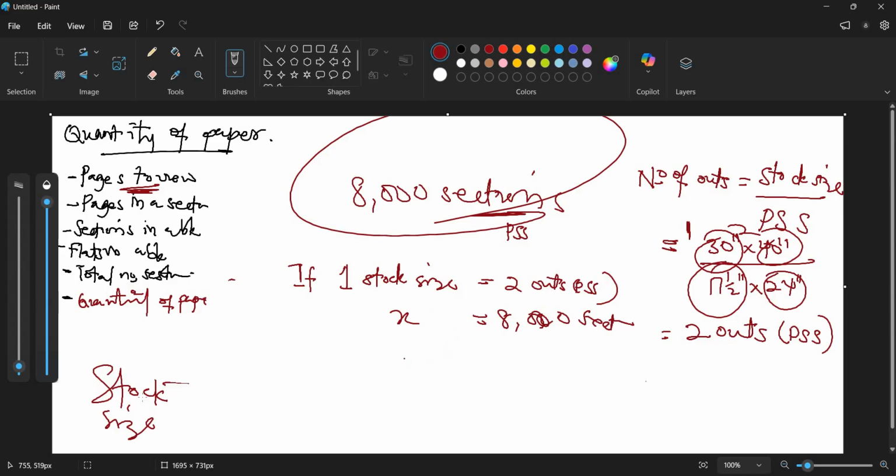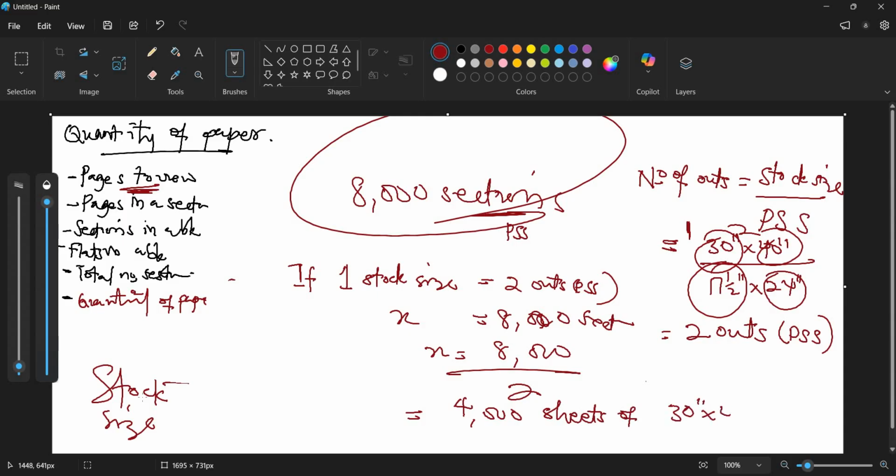Then we divide the 8,000 sections by 2 to get 4,000 sheets of 30 by 40. Are we okay?